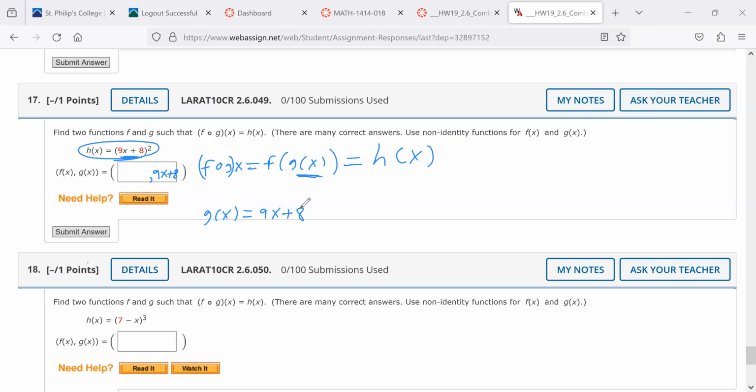So the outer one has to be a squaring function. Does that make sense? So if you were to compose f and g, you would get this, the h. If I plug in the 9x plus 8 inside x squared, will I get this?